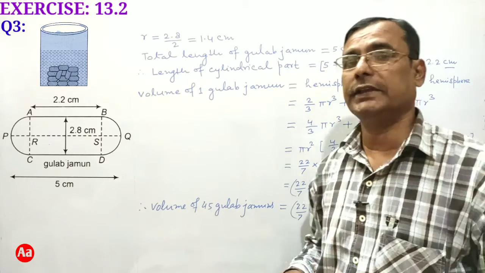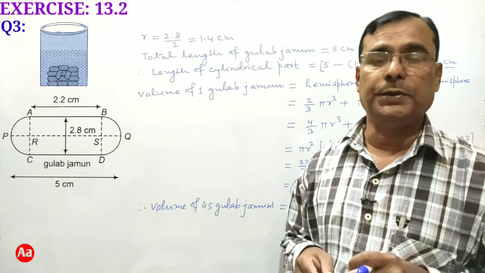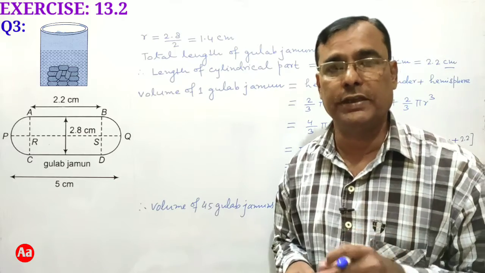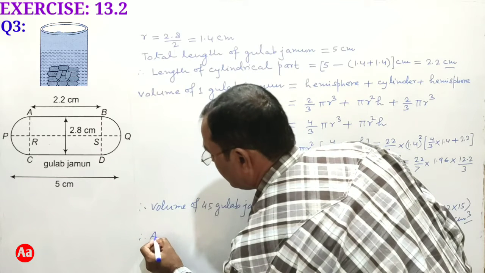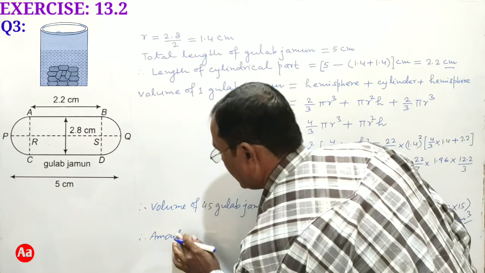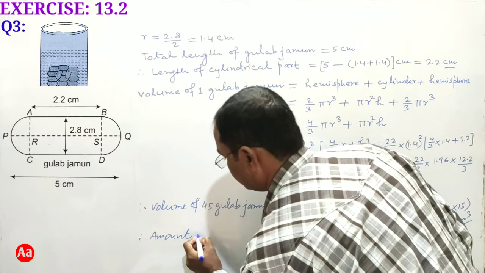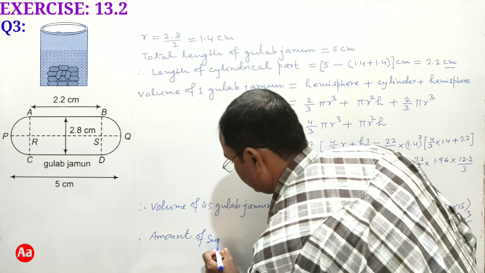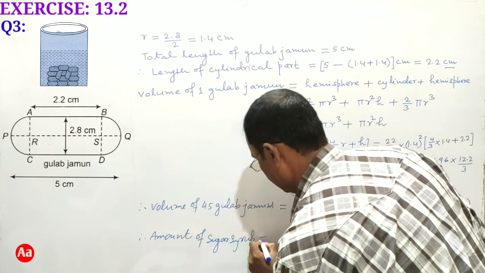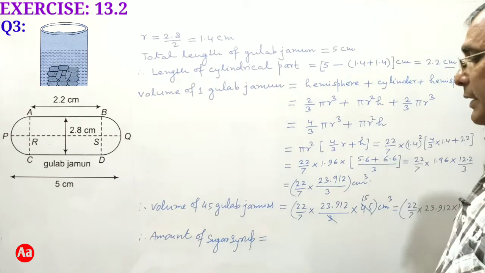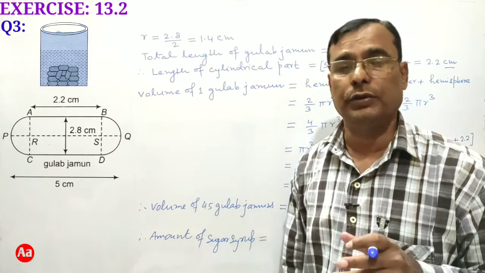Now 30% of volumes of 45 gulab jamuns is going to be the approximately amount of sugar syrup. So therefore amount of sugar syrup is equal to, it is given up to about 30% of volumes of 45 gulab jamuns.